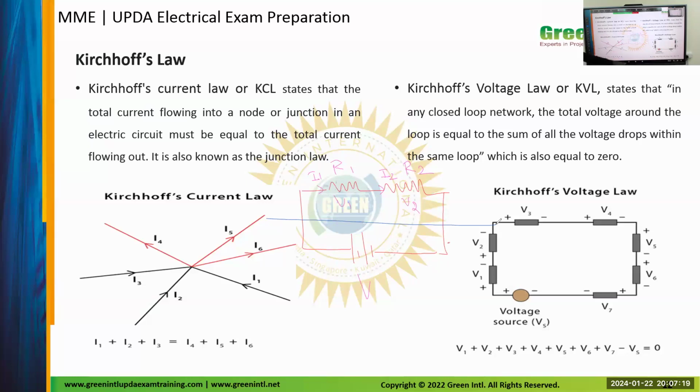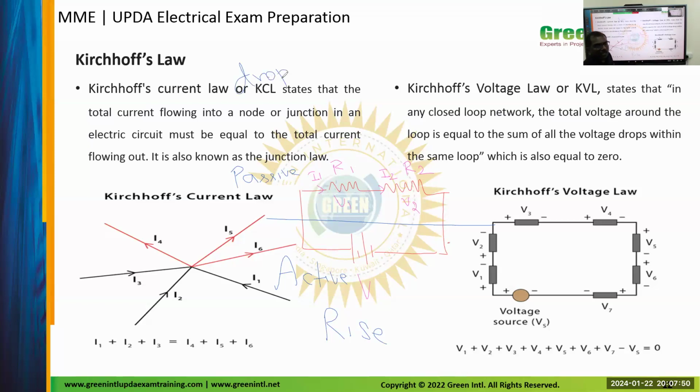Below the blue line we have a voltage source, above it we have the resistances. Below, we call it the active component, because we have a voltage battery. Above the blue line, the resistance is called the passive component. For the active component we use the word rise, and for the passive component we use the word drop.